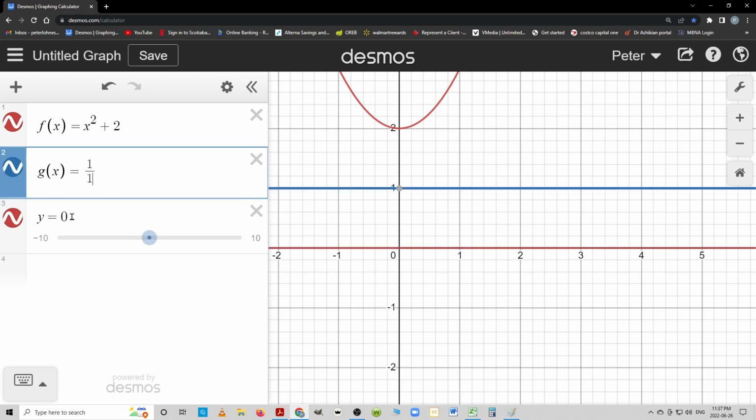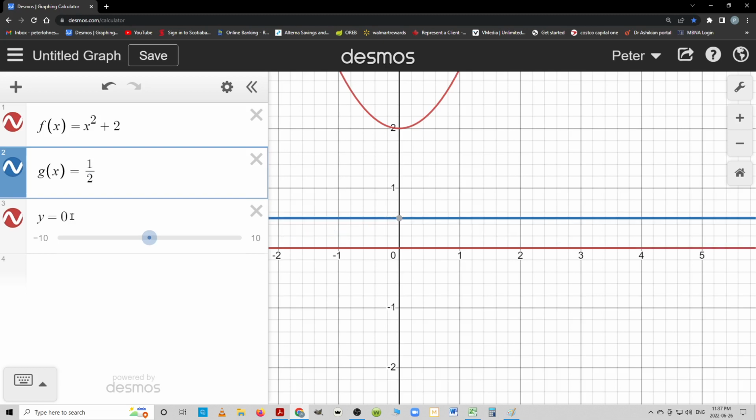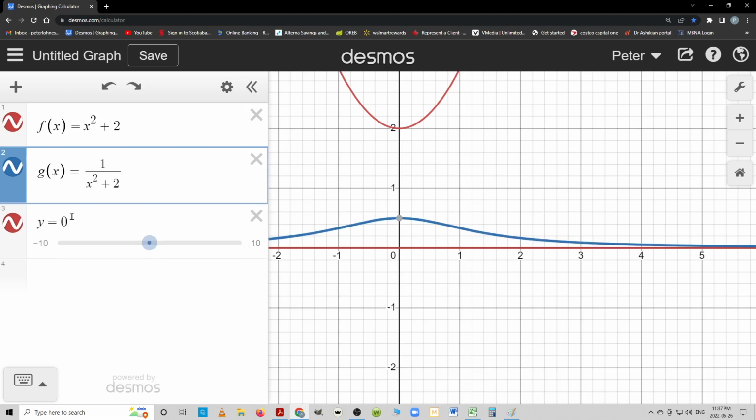So no matter what you put in the denominator here, it's going to come out positive. Just the bigger you put in here, the smaller y gets, because it's 1 over. And the biggest possible value of y is when x is 0, and it becomes 1 over 2. That's why the highest point we have here is 0, 0.5.